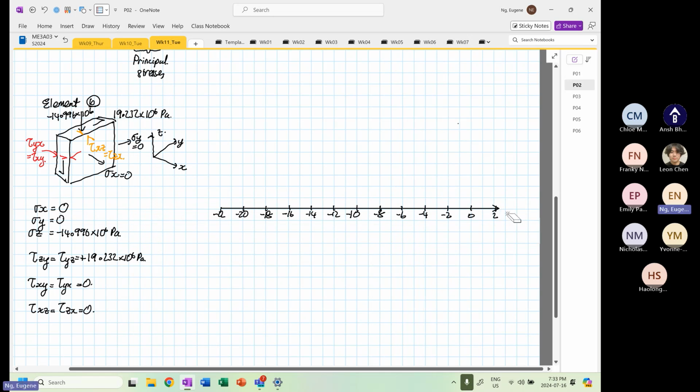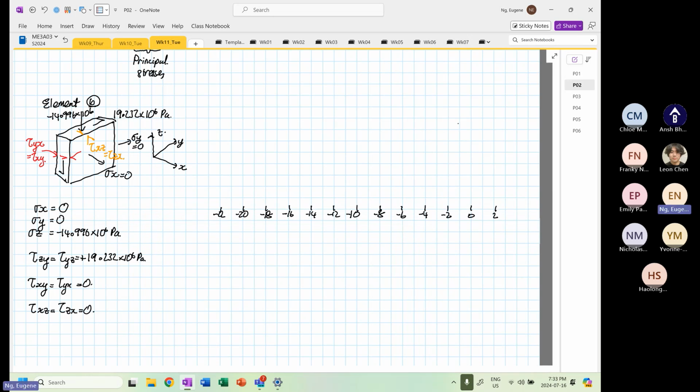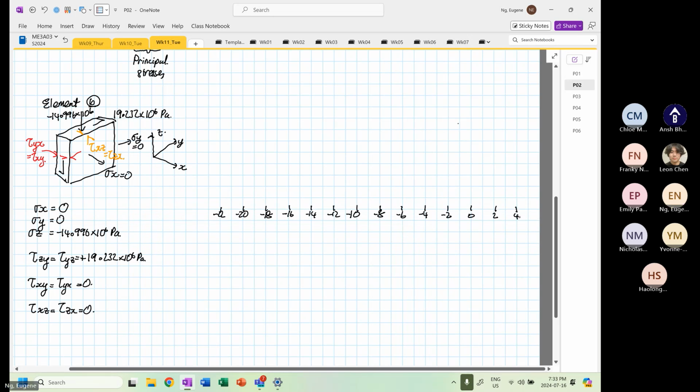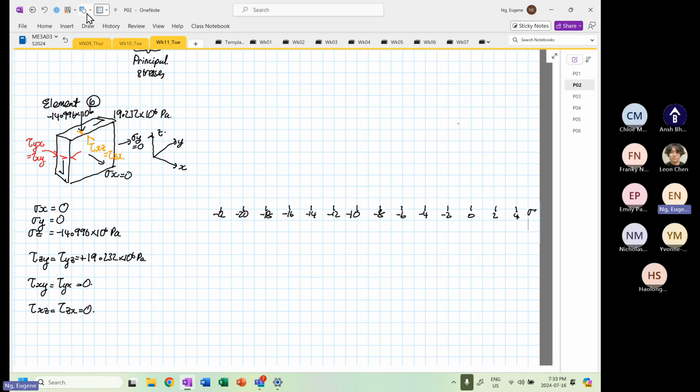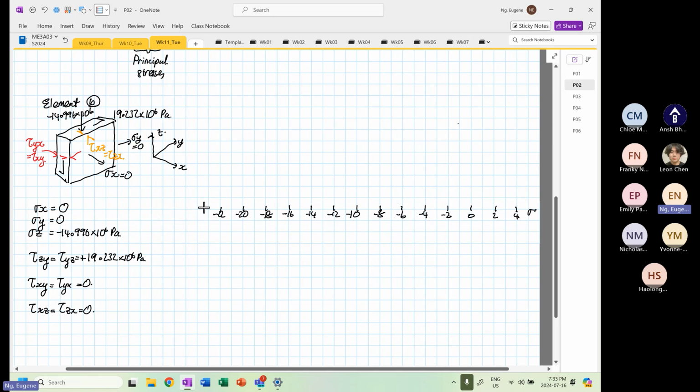Maybe I need a bit longer. Maybe I need a 4. Okay. And this is my normal stress. Okay, so that's our normal stress. Let me see if my scale is good enough.